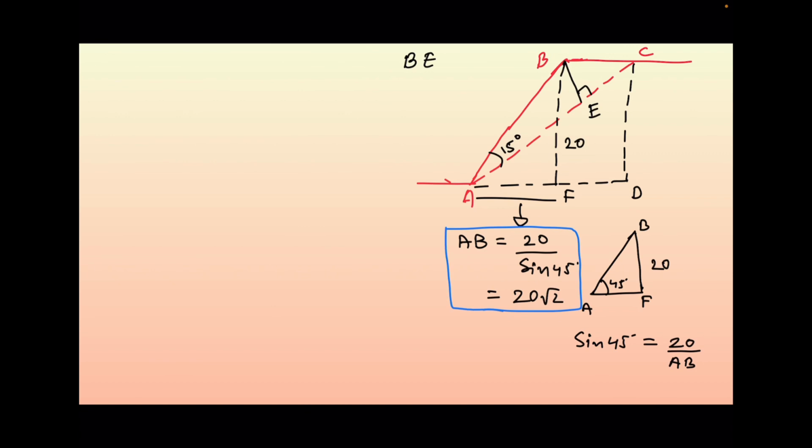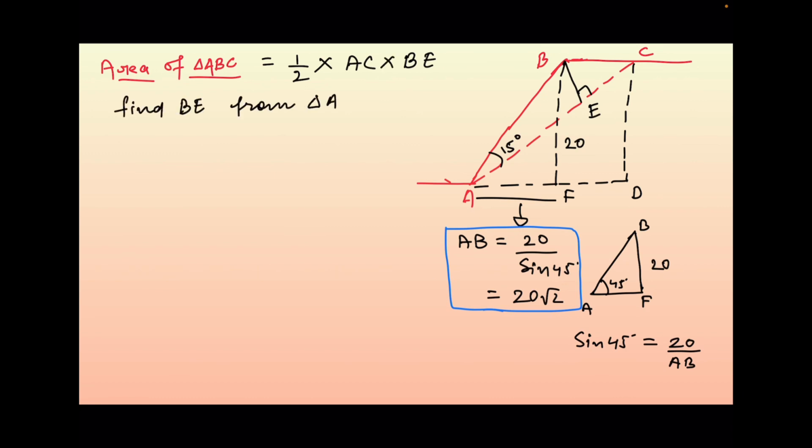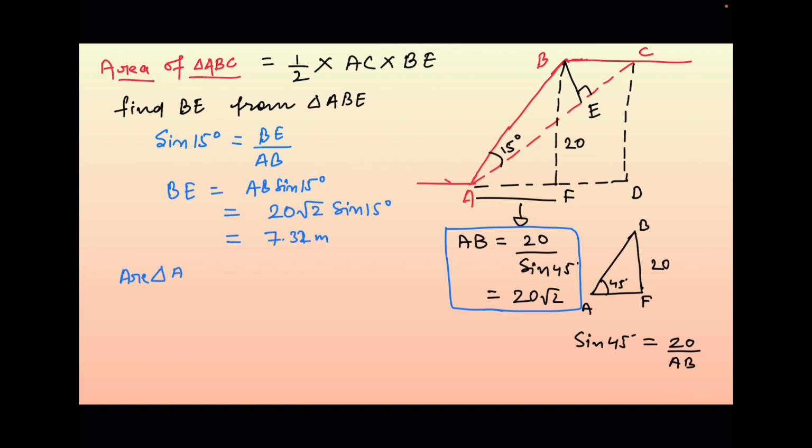So to calculate BE, first we find AB by using the triangle ABE, which came as 20 root 2. Now put the values of BE and AC in the formula half into base into height, and you will get the answer as 146.38 meter square.